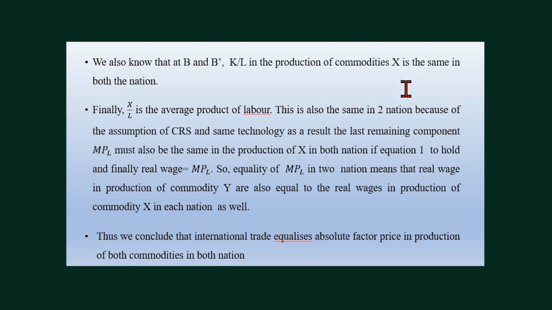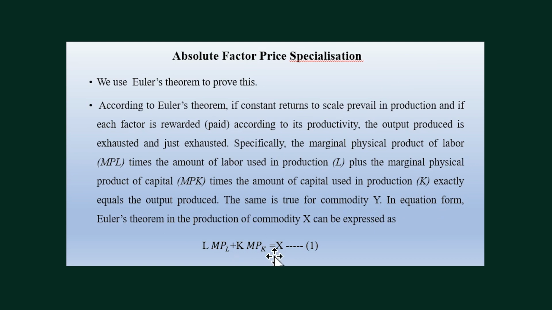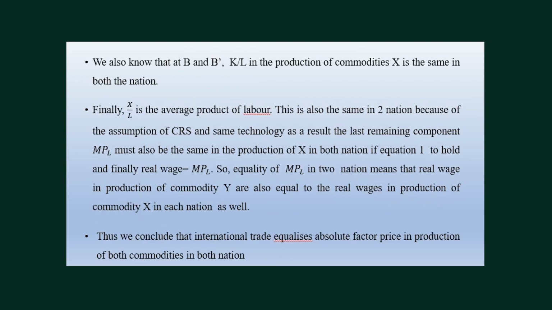The last component that is left is the marginal product of labor. Now, for equation 1 to hold, if all other factors are the same across both nations, MPL must be the same across the nations. And we know the real wage in production is equal to the marginal productivity of the factor.